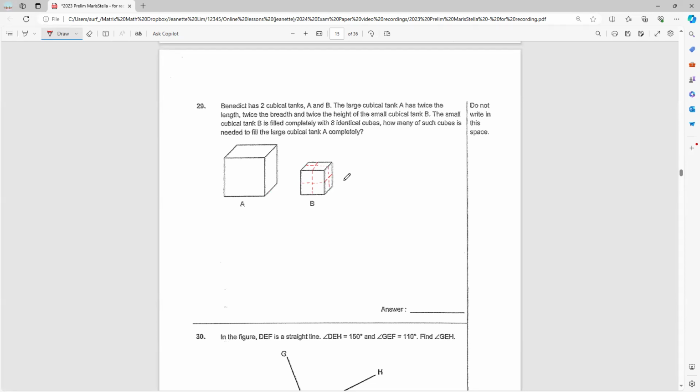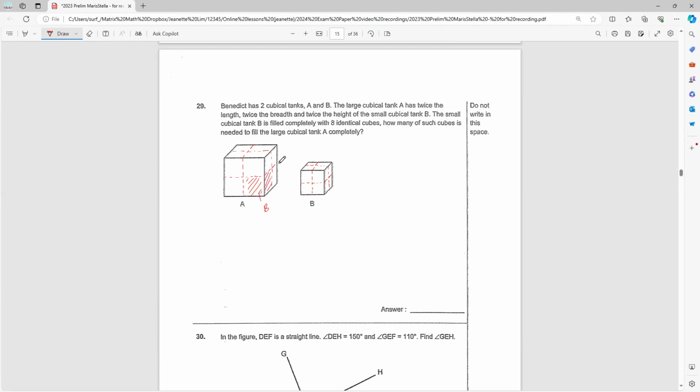Now, A is twice the length, twice the breadth, twice the height of B. So which means that each of A can have 8 of B. So this is B. This is B. Okay, so twice the length, twice the breadth, and twice the height.